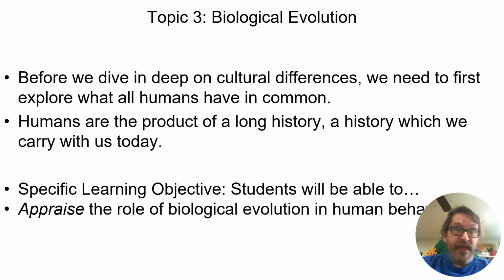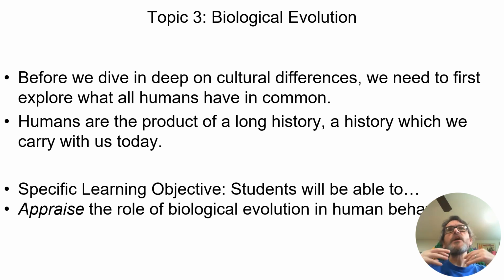In the third topic, we're going to talk about biological evolution, and we're going to start with evolution as a biological thing. The key to this is, number one, all human beings on this planet have a 99.7% genetic similarity. And so anything that we're going to talk about in cultural psychology is that top 0.3%. And so we need to start with a realization that all human beings, fundamentally at their core, are almost the same.